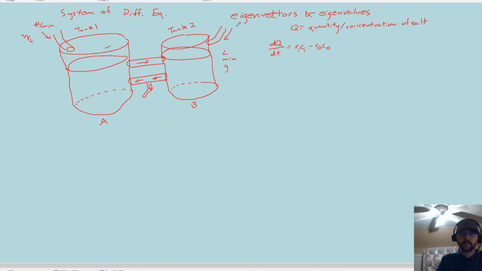Let's have 2 liters per minute and 5 grams per liter. And then what's flowing across here? We will have, so okay, I think these need to add up. So we have 4 in, let's have 6 out, let's make them add up to 10. So 6 liters per minute from A to B.